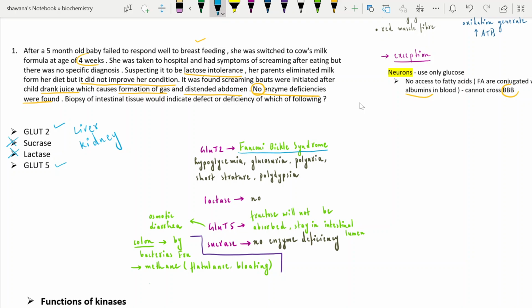It occurs due to the deficiency of GLUT2 transporters in the kidneys, in the proximal convoluted tubules. It leads to reabsorption disturbances. It means that glucose will be washed away in the urine. Polyuria will occur, polydipsia, increased thirst, will occur, and hypoglycemia because glucose is being washed away by our kidneys, and short stature. These are some hallmarks of Fanconi-Bickel syndrome.